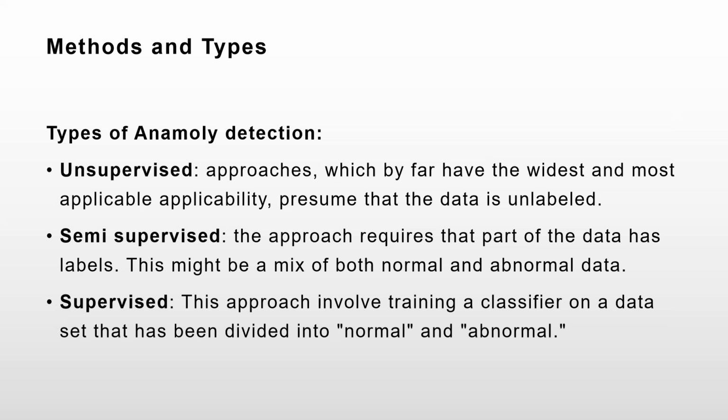And coming to supervised, we model outlier detection as a classification problem. Like if we have a data set, the data set will be completely labeled with normal and abnormal data values.